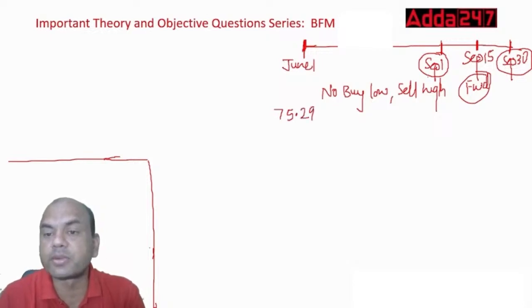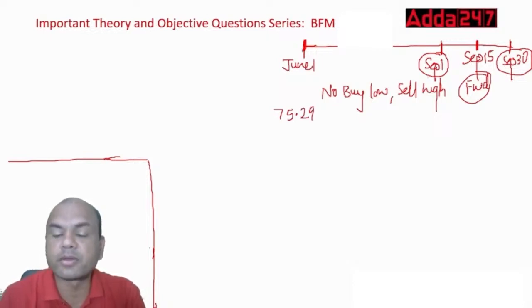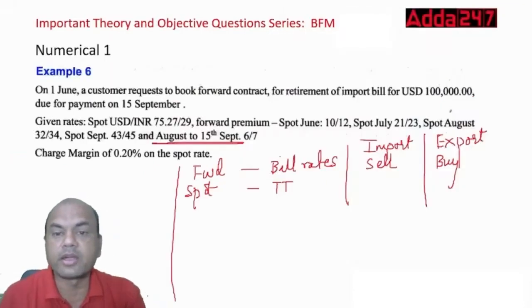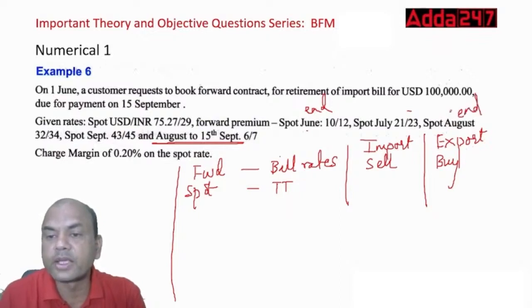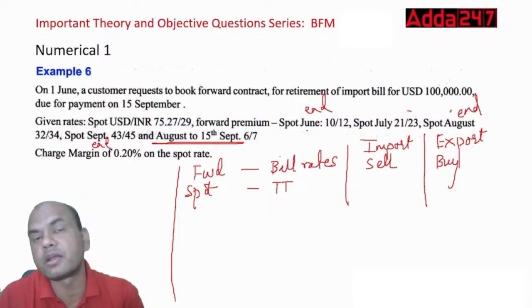Now I want September 1. What is the September 1 forward rate? See, the spot is given for June. Now, whenever I say June, it means June end. Remember this. Whenever I say July, it's July end. August, August end. September, September end. So this my transaction is on September 15th. So I can't use this September end rate.